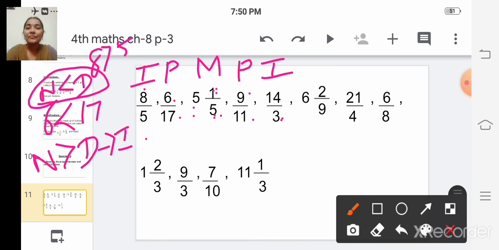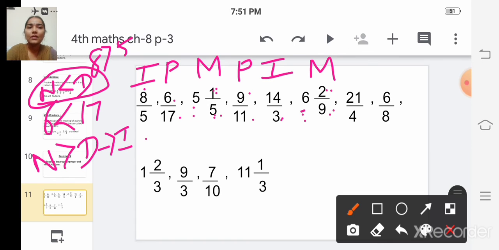And now look at the next fraction, 6 2 by 9. By seeing itself we can say it is a mixed fraction, because it is made up of a whole number 6 and a proper fraction 2 divided by 9.